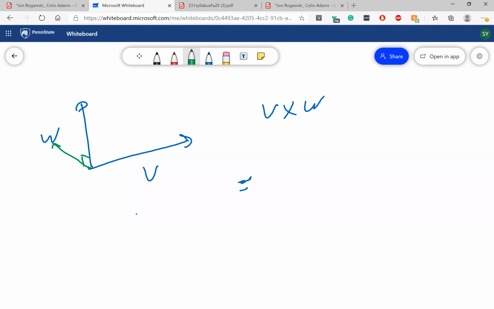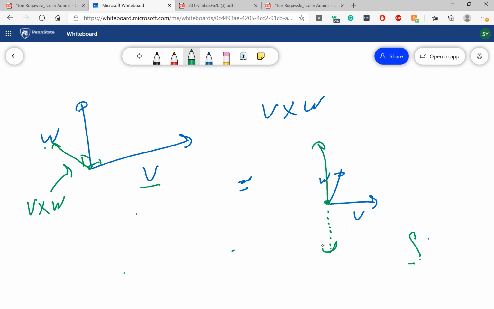So there's a 90-degree angle between this vector, v cross w, and the vector v and the vector w. Again, here's your v, here's your w. Your cross product is going to be another vector orthogonal to it. It can either be going in that direction or in the other direction. And we'll see a way of figuring out which way it's going. But it is going to be orthogonal to v and to w.